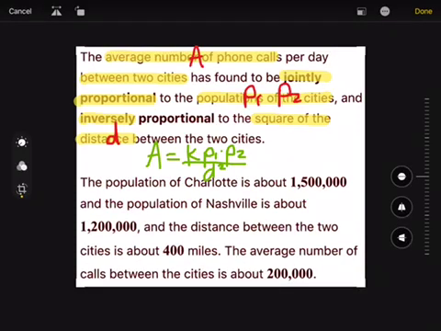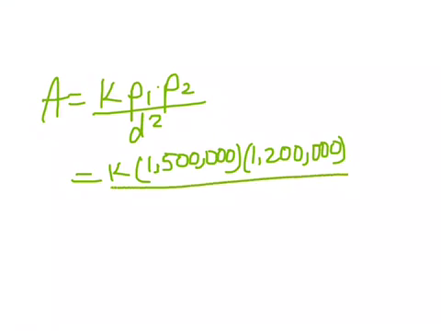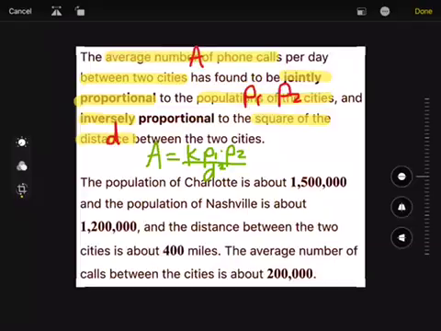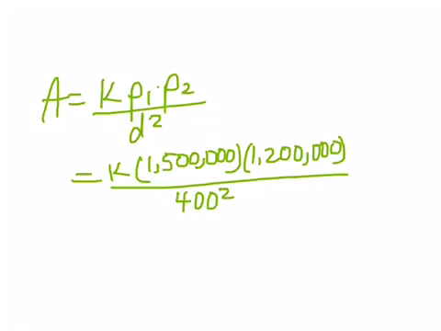All right, and the distance between the two cities is about 400 miles. The average number of calls between them is 200,000. So this 400 goes on the bottom squared, and it said 200,000, we just average, so 200,000.